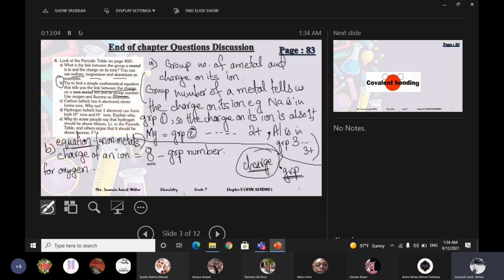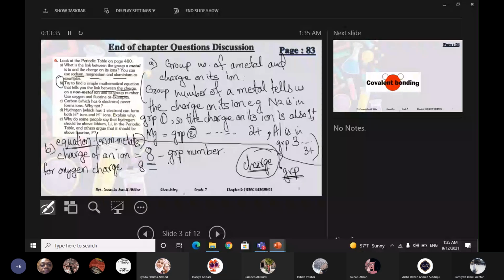So for oxygen, for example, if you don't know what the charge will be on oxygen, to find it out you will do 8 minus the group number of oxygen. From the periodic table, tell me in which group oxygen is present? Group 7.